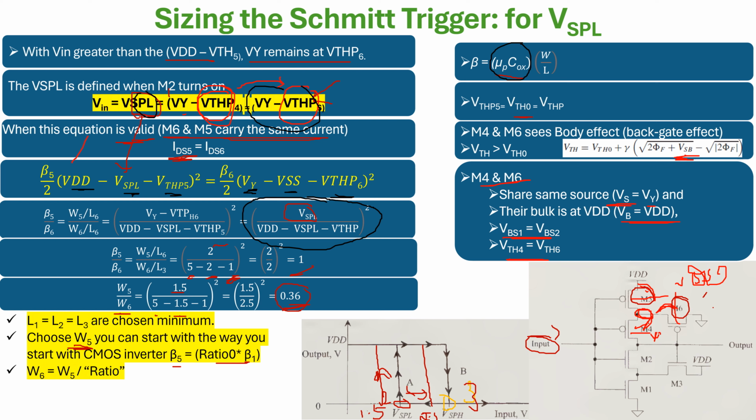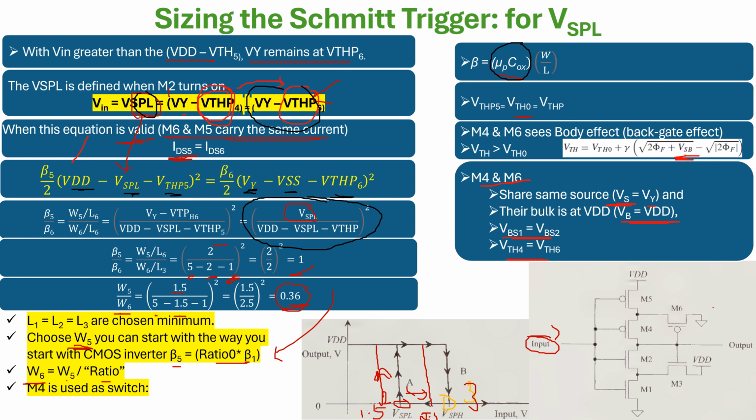Now we know W5. W6 is simply W5 divided by the ratio we got based on our calculations. Now we have calculated lengths, W5 and W6. What is remaining is M4. Remember, M4 is just used as a switch here.